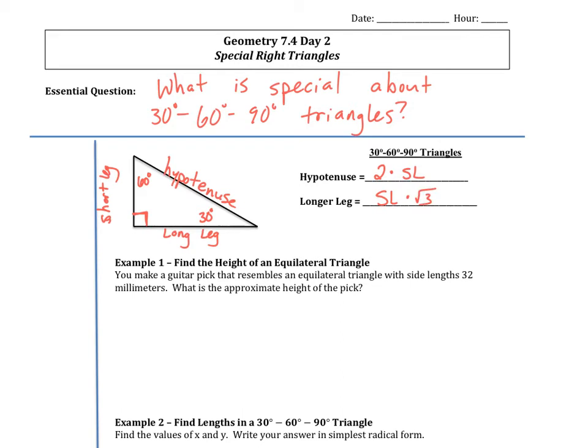So if the short leg is x, the hypotenuse is 2 times x, and the long leg is x times square root 3. And those are the special equations that we're going to use.